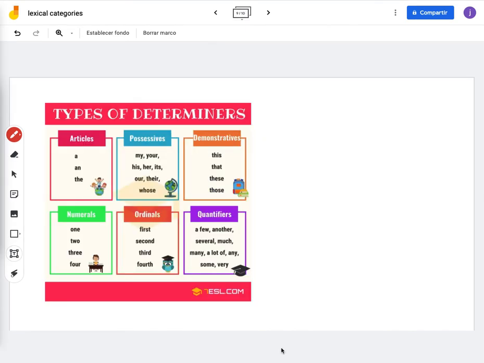The next lexical category is determiners. Okay, so determiners are words placed in front of a noun to make it clear what the noun refers to. They can be articles like a and the. For example, in a sentence like this: the school is big.